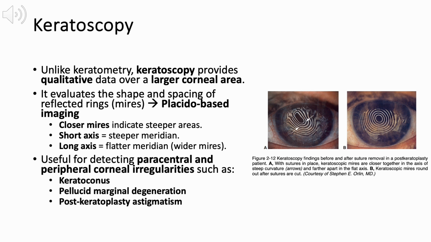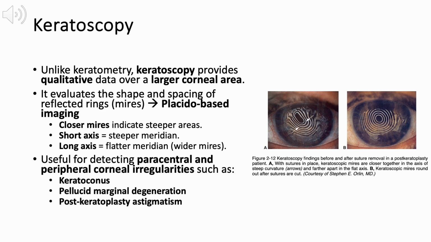It involves analyzing the reflected ring patterns, mires, projected onto the cornea. Closer or crowded mires indicate steeper corneal areas, while widely spaced mires suggest flatter regions. The short axis of the distorted ring reflects the steepest meridian, and the long axis corresponds to the flattest.